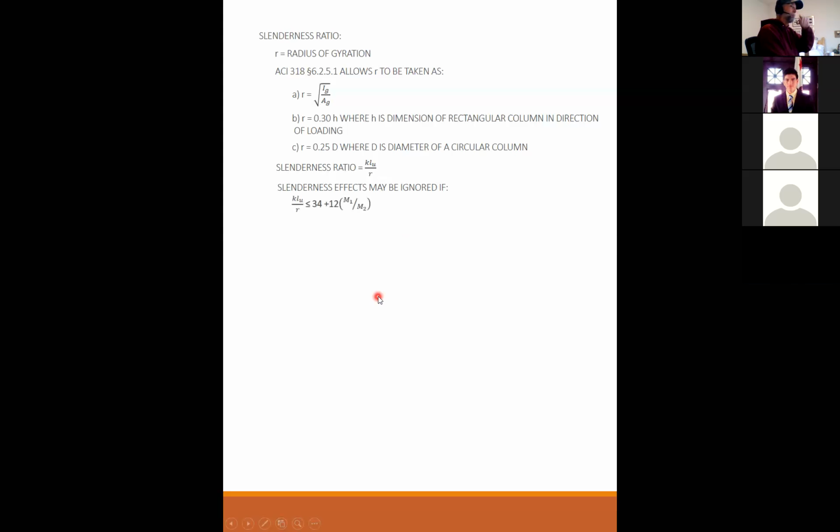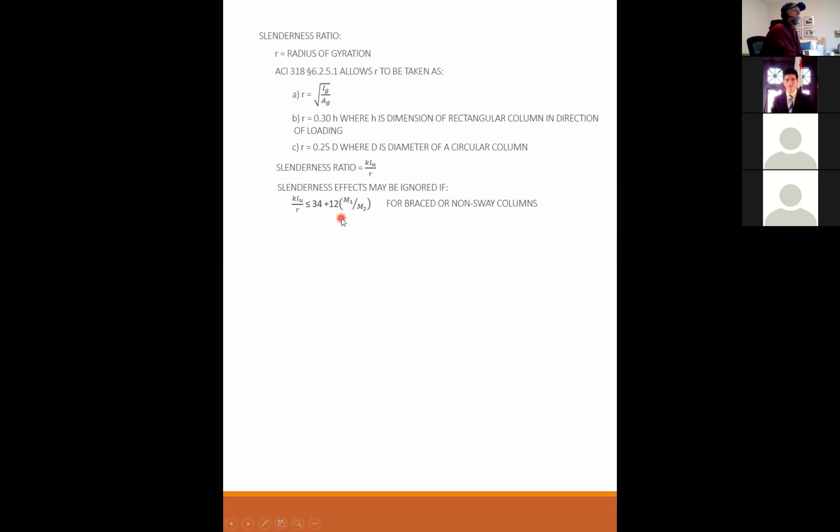So slenderness effects may be ignored if your calculated KL over r ratio is less than or equal to 34 plus 12 times M1 over M2. Remember, M1 is always the lesser moment and M2 is the greater moment for braced or non-sway columns.